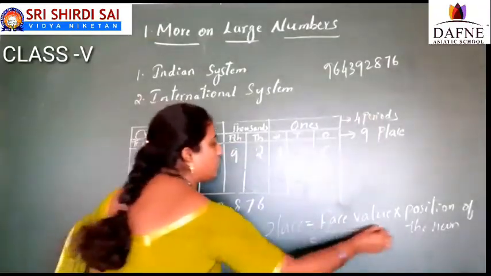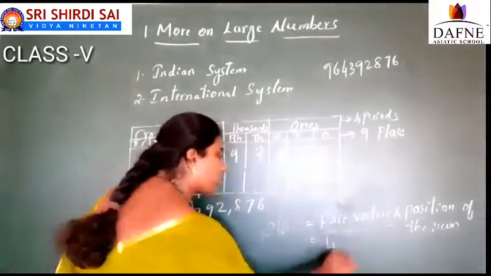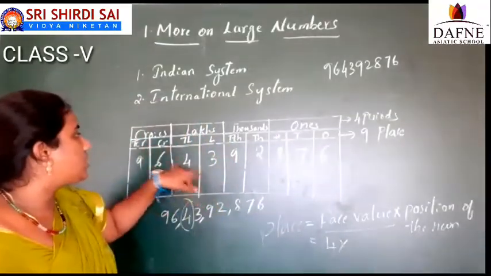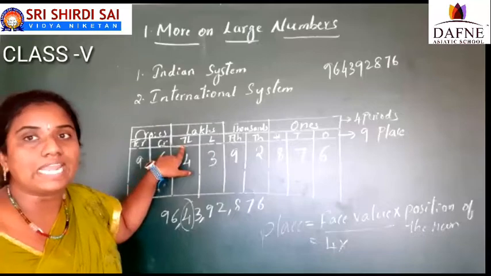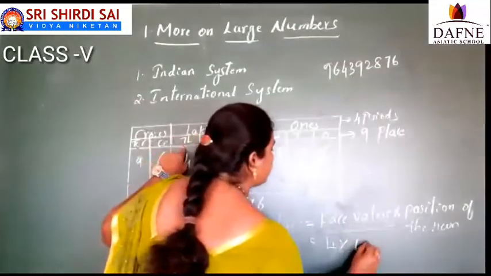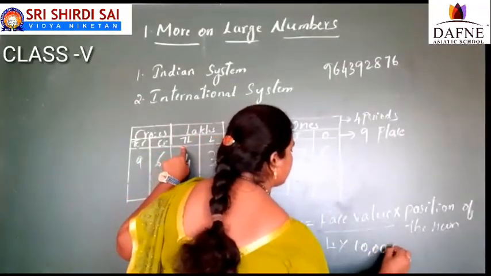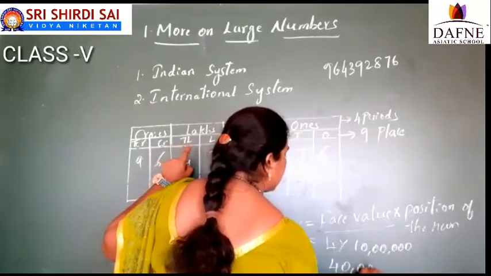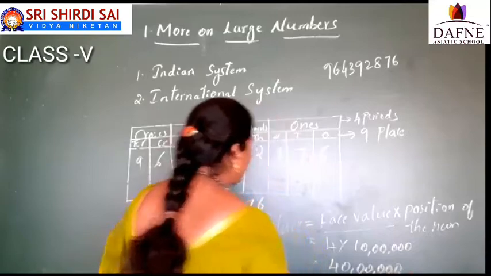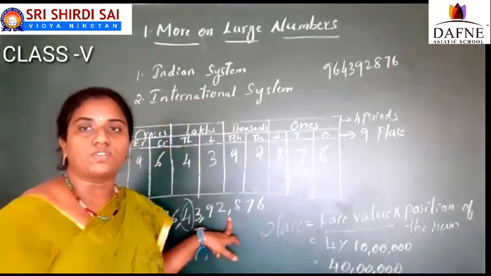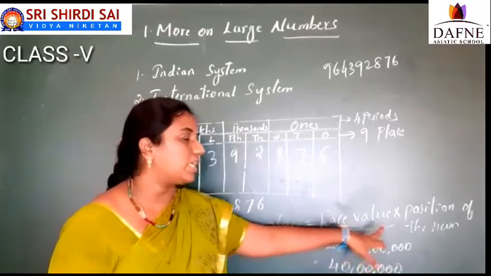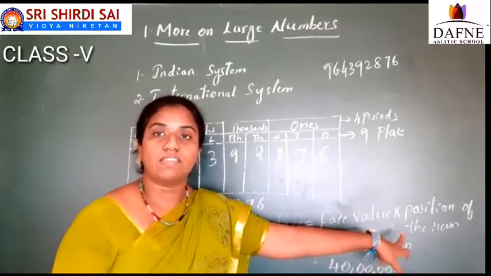What is the face value of 4? It is 4 only. Into position. What is the position of the 4 here? What is the place value? 10 lakhs. So 4 into 10 lakhs is 40 lakhs, which is the place value of 4. Once again, the place value is the product of the face value into the position of the given number.